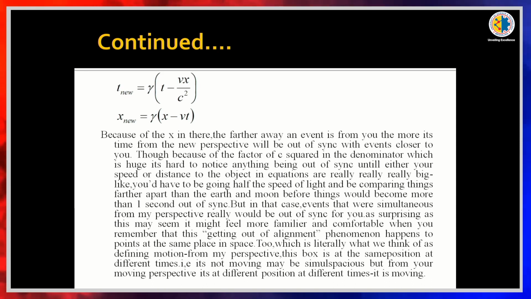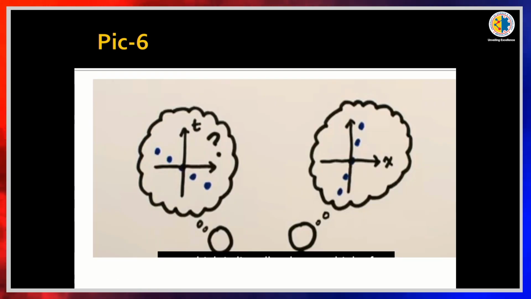From my perspective, this box is at the same position at different times, that is, it is not moving, but from your moving perspective it is at a different position at different times, it is moving. See this picture. So, this is the picture of two reference frames.